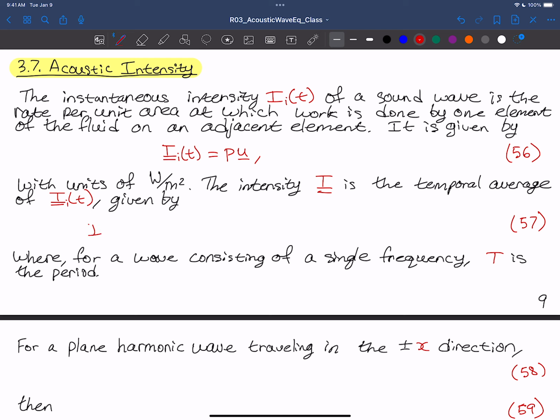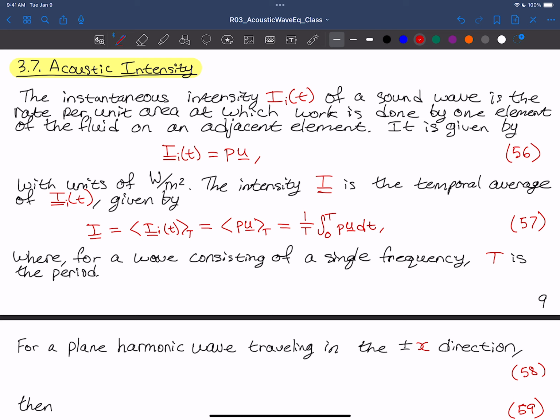So we can write that big I is equal to the temporal average of big I sub i, which is a function of time, again with respect to some period, that is equal to the temporal average of p times u vector, again with respect to some period T, which is then equal to 1 over big T times the integral from 0 to T of p u dt, and that is our acoustic intensity.